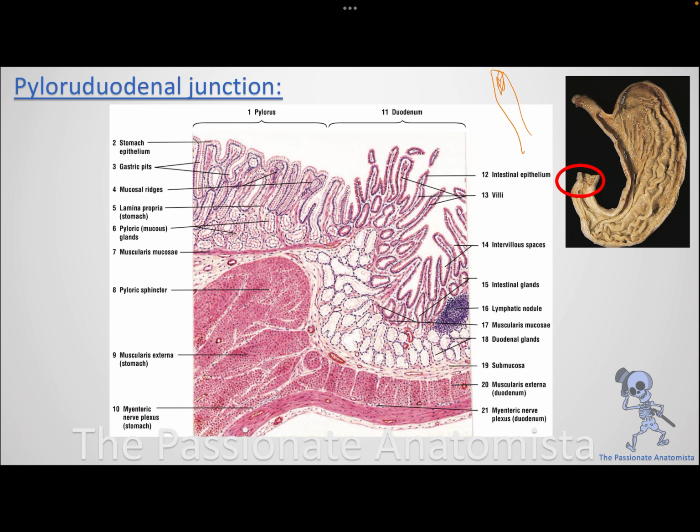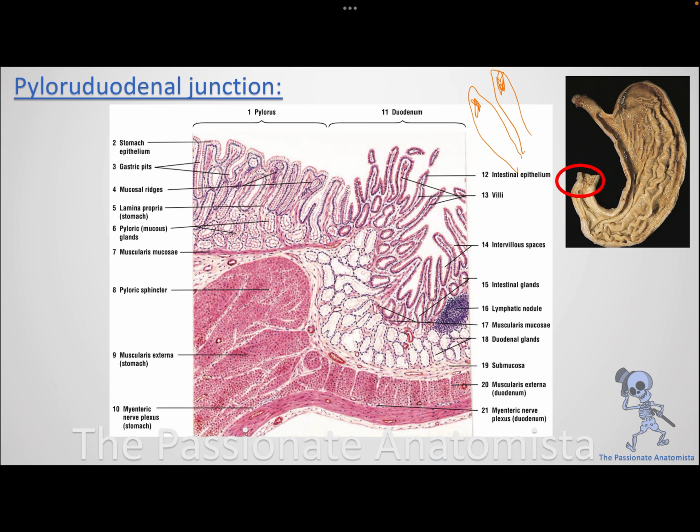Think about it as your fingers. These are your mucosal foldings. So now you are moving on from the pylorus, which is the last part of your stomach, to the start of the duodenum.